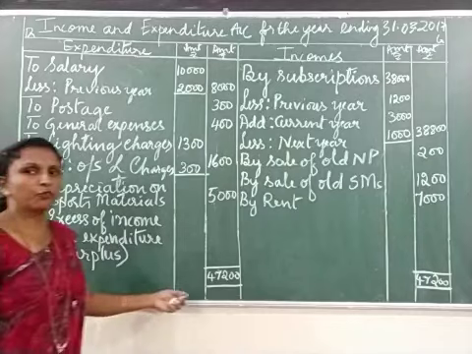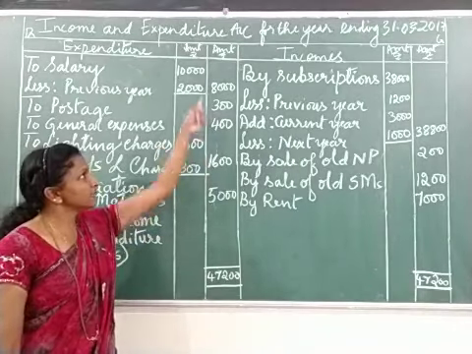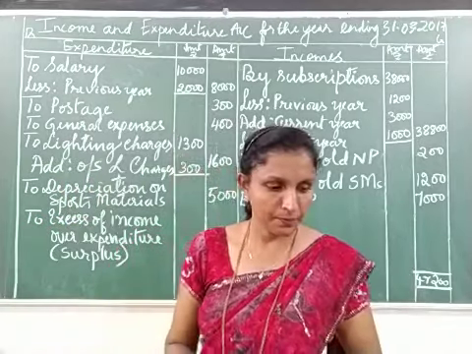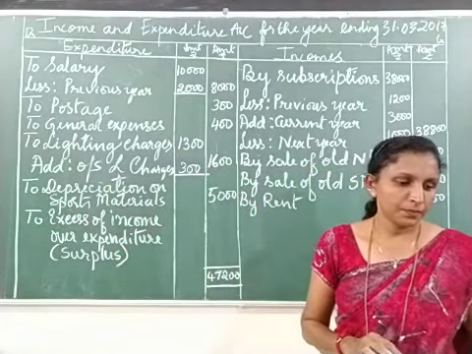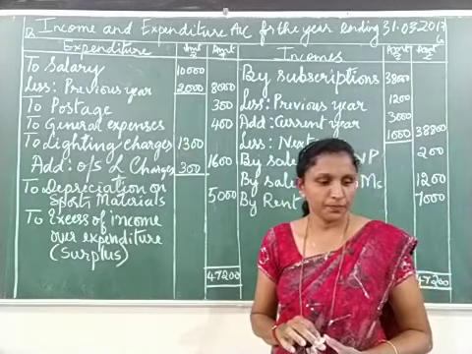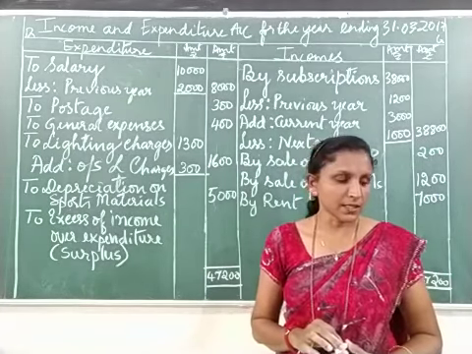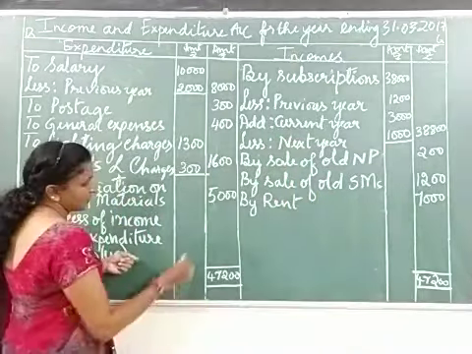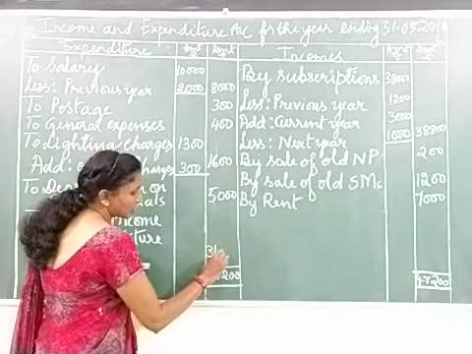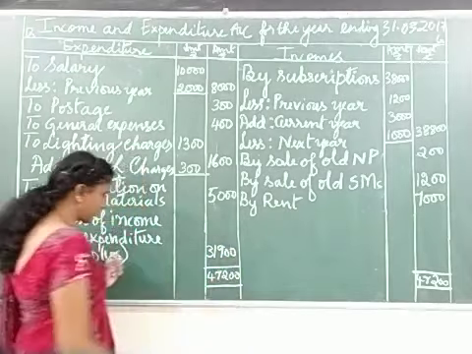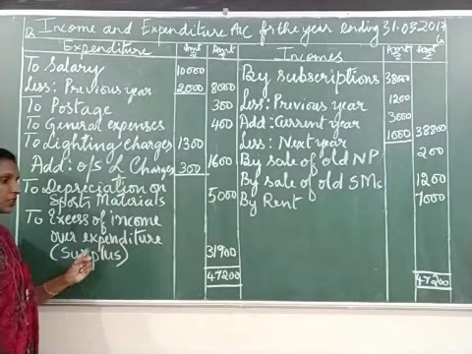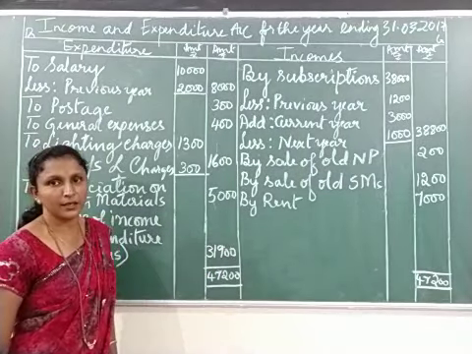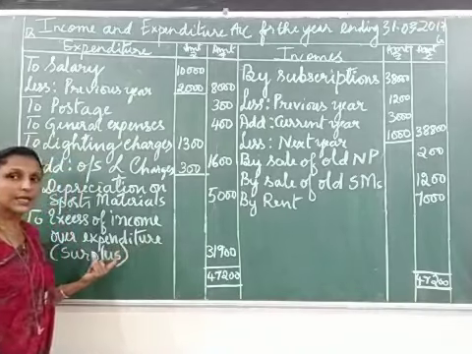Okay. Now from 47,200 minus the debit side outer column figures. Your balance is 31,900. So write it in the outer column where you have written surplus, excess of income over expenditure. That column you have to write. It is 31,900. So this is the surplus amount we got.